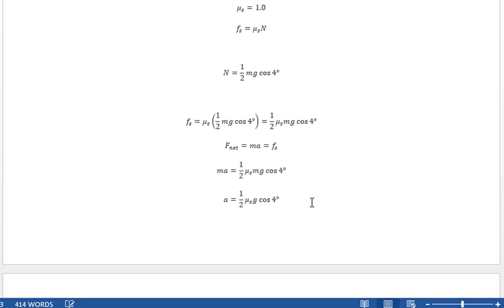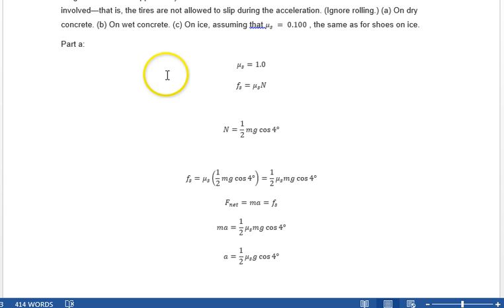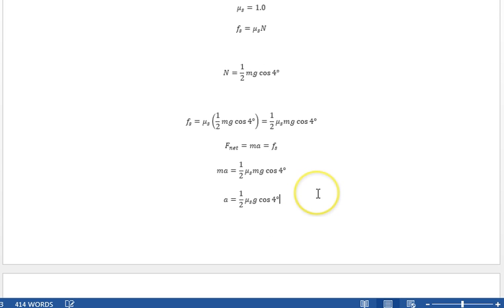All right. Now, what does this mean on dry concrete? This is 1/2 of 1 times 9.8 meters per second squared times cosine of 4 degrees.